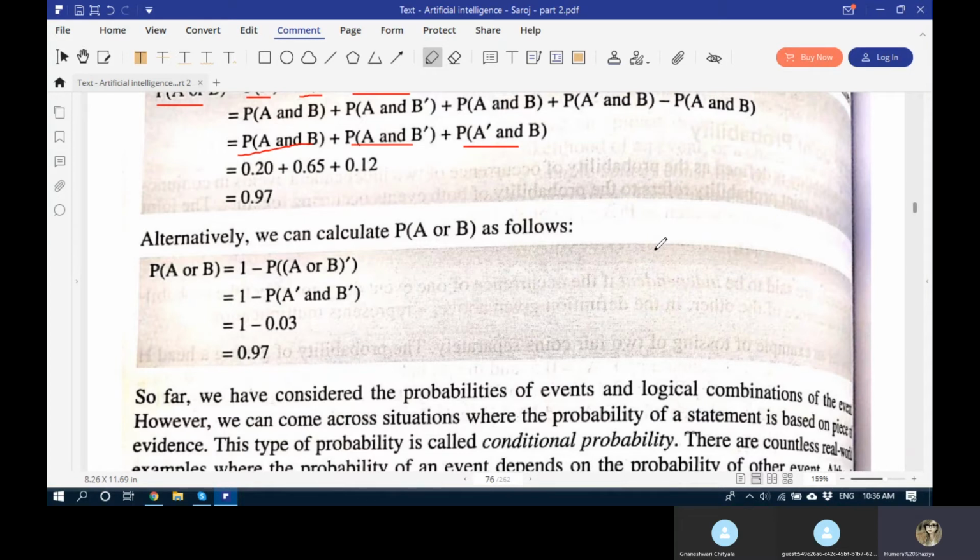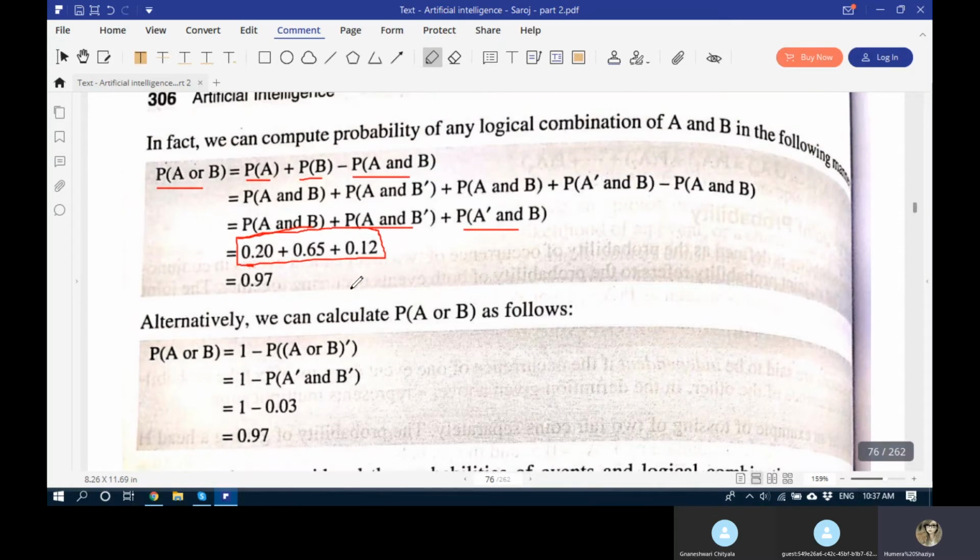If you say 1 minus P of A or B whole complement, even then you get this same. Instead of performing a sum of A and B, if you perform a difference of their complement, even then you get this: 1 minus P of A complement and B complement.